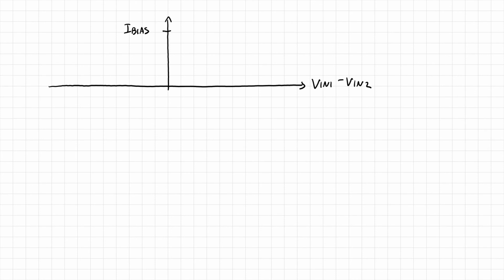And when it is very small, it's going to be minus I bias. Or in other words, the current is just going in the other branch. So the plot will vary from minus I bias through 0, and then slowly up to plus I bias on this side. So this point here would actually be 0.